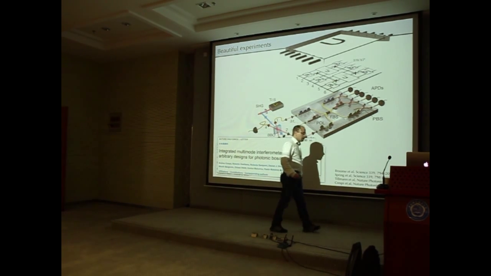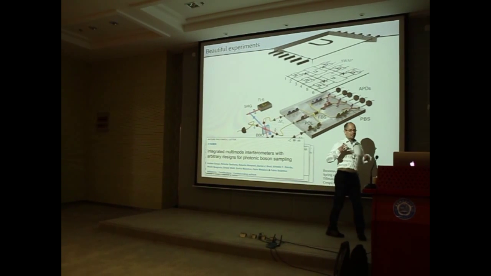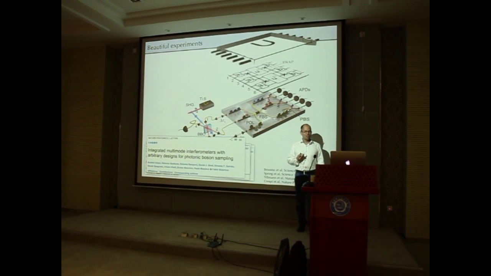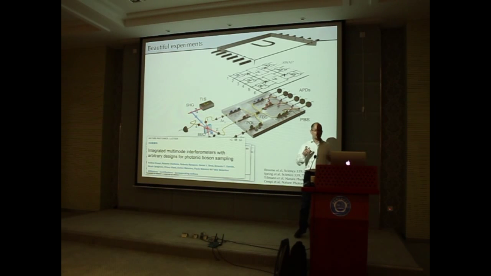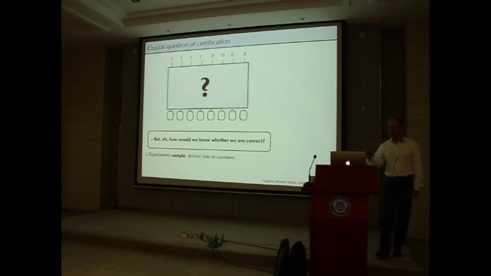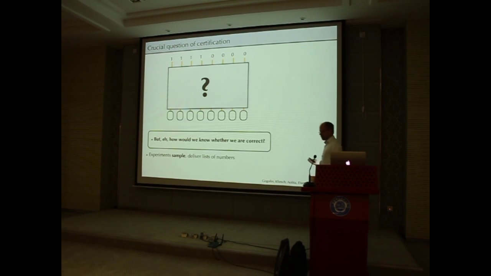So for the purposes of this talk of certifying things, let's assume we have done that. Let's go into the lab, but how would we know whether we are correct in the first place? The experiments deliver long lists of numbers. How would we know that the list of numbers obtained is actually the right list of numbers?